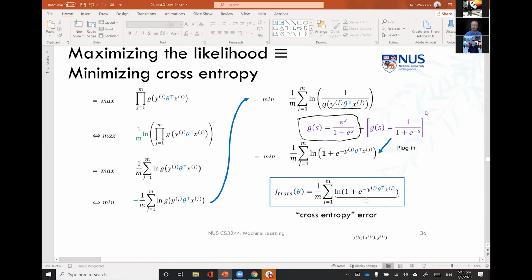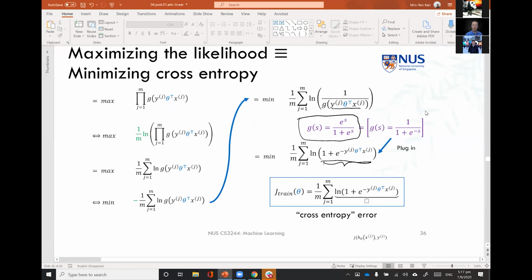I'm just going to plug it in here, so I have this yj transpose of theta times xj, and this is the s part. I'm going to substitute s here and end up with this. It's the same. We just took the inverse, put it at the bottom, and canceled things out and we got this term. Hopefully you all see that.